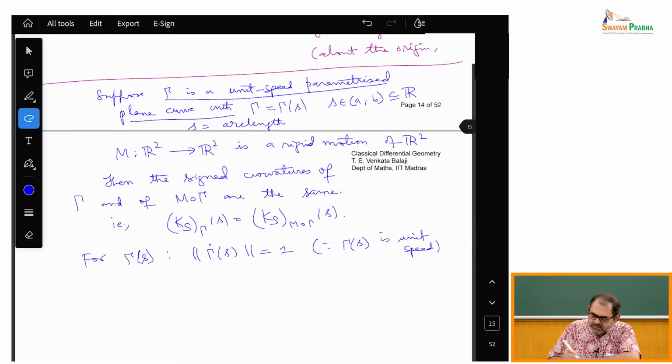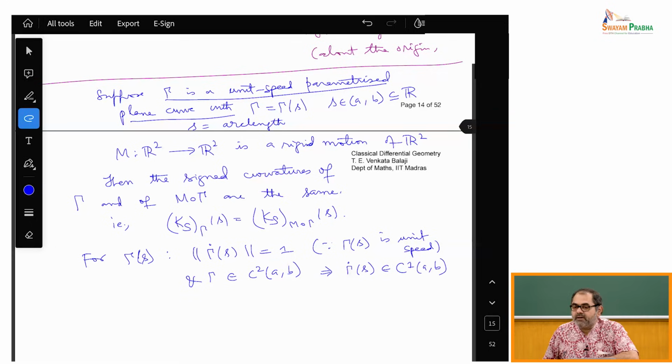And gamma you take to be in C2(a, b), twice continuously differentiable. So this implies that gamma dot of s is first continuously differentiable in (a, b). Mind you, to talk about curvature you need the second derivative, and we follow the rule that whenever you talk of a derivative you also assume it's continuous.